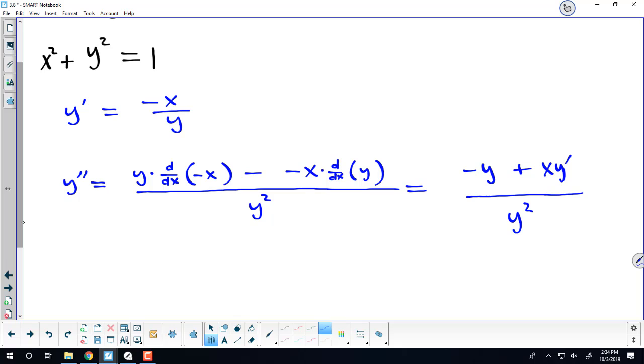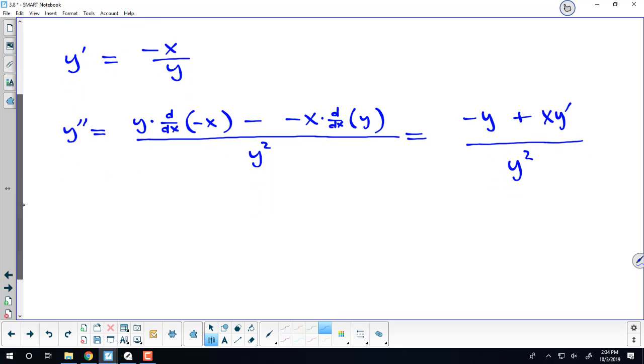Actually, there is a way to simplify that. We have a y and a y prime up top. We could write both of them over y squared and split that up, but we still have other simplification that needs to take place. So that's the quotient rule applied to negative x over y. Does anyone have any questions on how we got there?